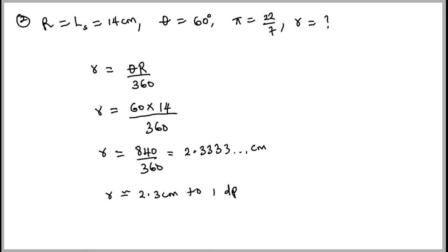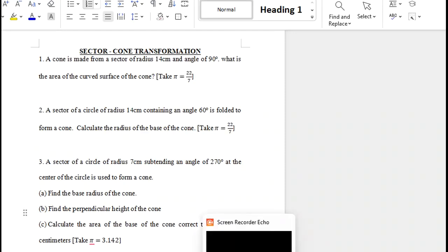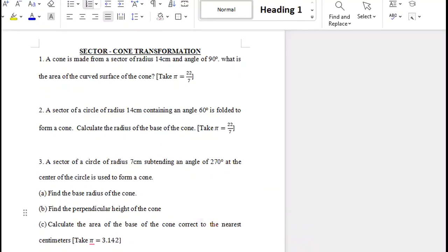So let's look at question 3. A sector of radius 7 centimeters and so on. Let's pick out the vital information here. This sector has a radius of 7 centimeters.